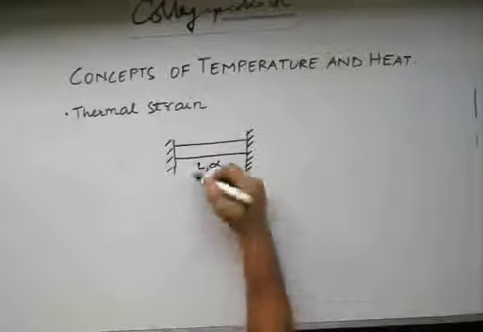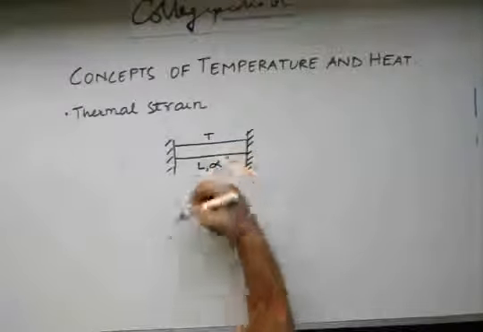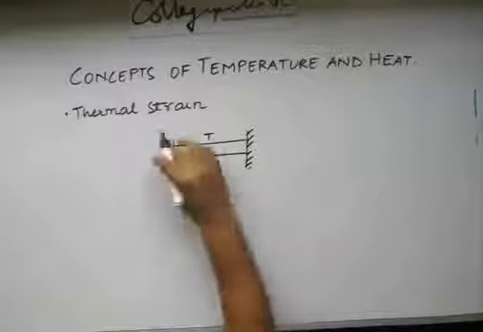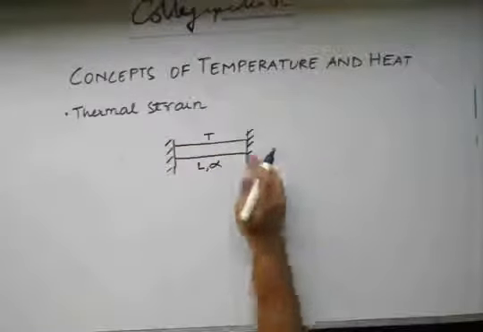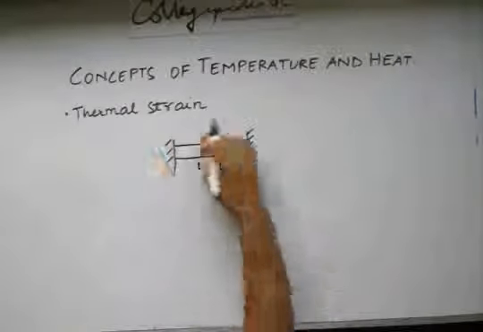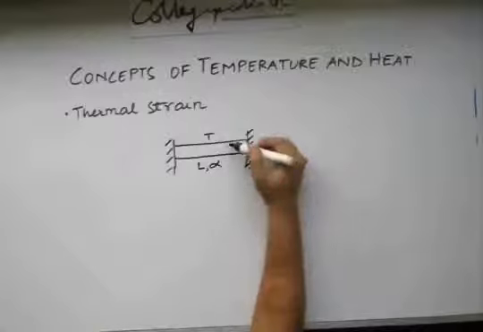We heat this rod, which let's say was at temperature T, to T plus delta T. So this rod tries to expand, but because of these clampings, the rod cannot expand in this direction. Because we consider a linear case, any deflection in the transverse direction is neglected.